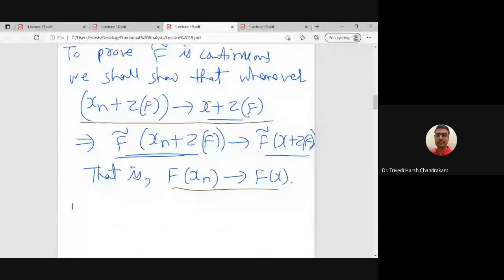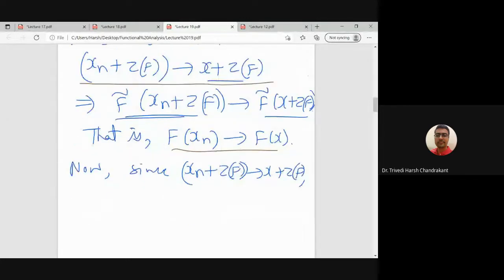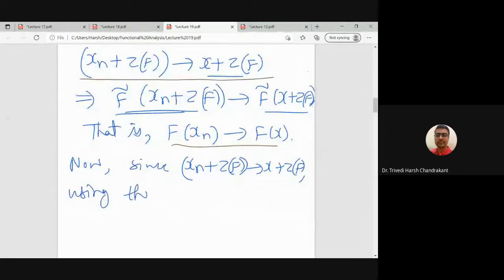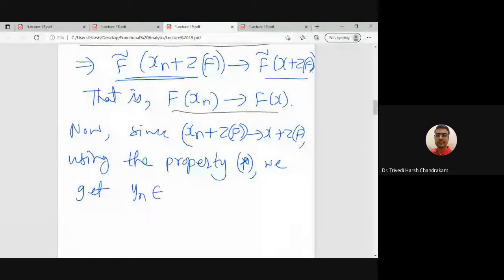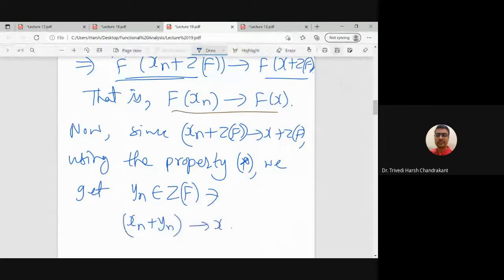So now, since xn plus kernel f converges to x plus kernel f, using the property or proposition star, we get a sequence yn in the subspace, so the subspace is the kernel, such that the sequence xn plus yn converges to x, right?